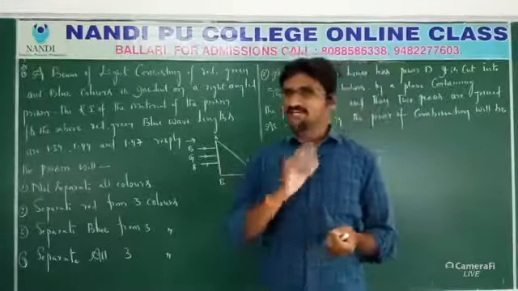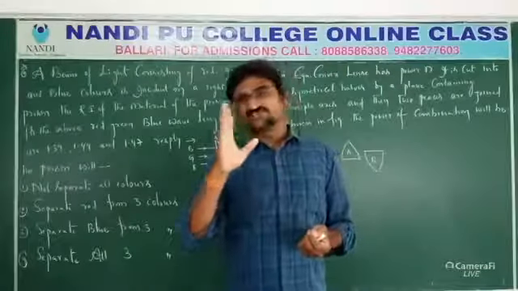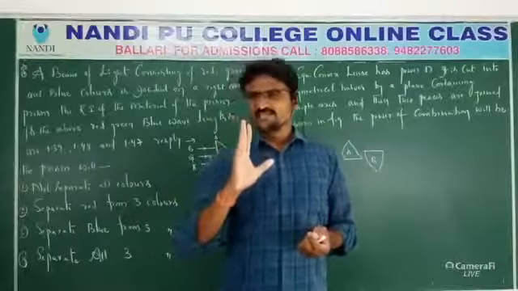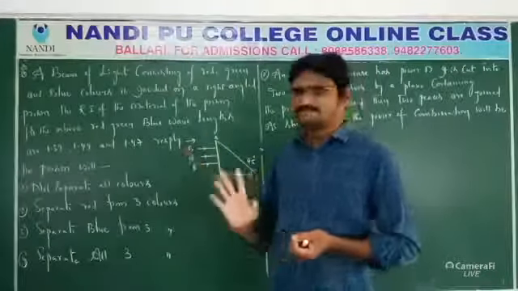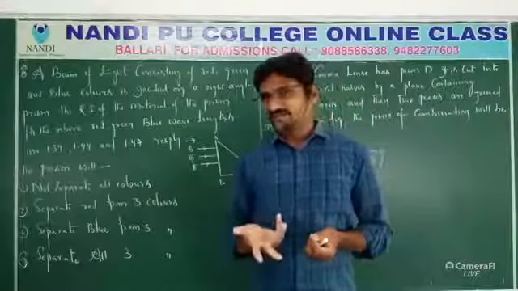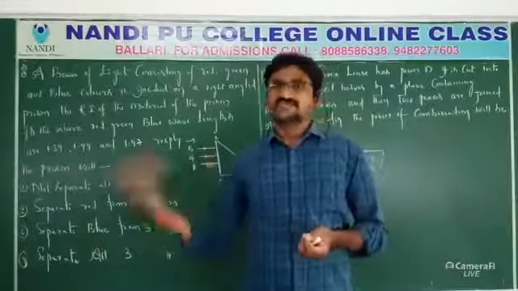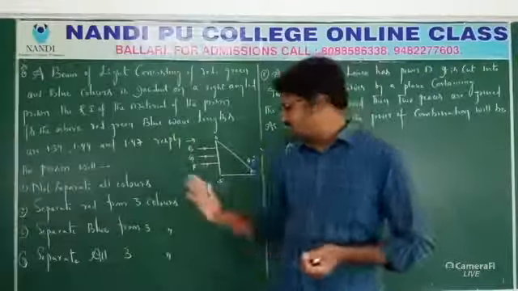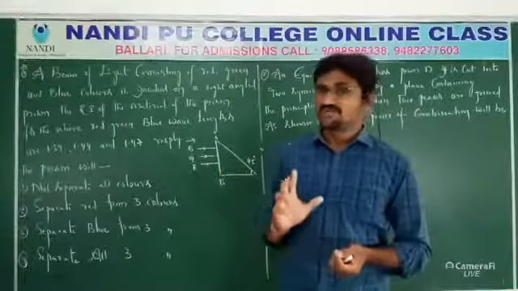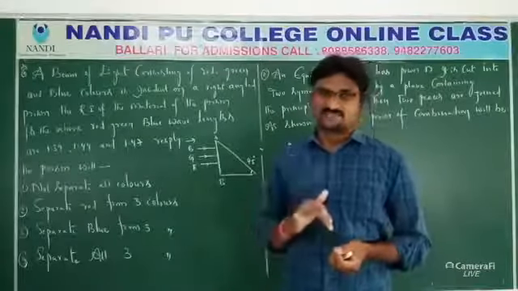So the concept here is total internal reflection. If you know the condition for total internal reflection through this prism, you can identify how many colors are going out or deviating, and how many colors are getting reflected by the prism. So we need to find the condition for total internal reflection.